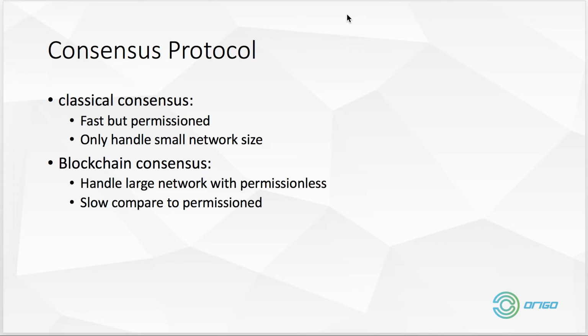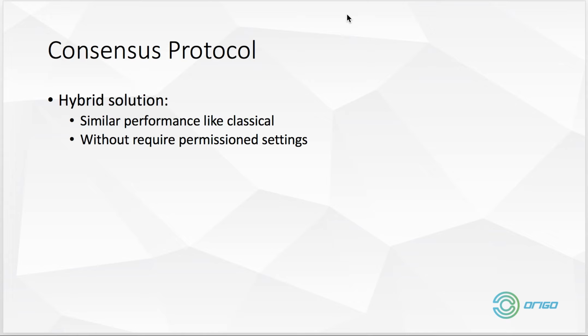And blockchain consensus handles a really large network and is permissionless. Everybody can join, even as a bad node. And it's slower compared to permissioned. You can think of permissioned as fast nodes, right? So could there be a better way to match these together and build something that works and is faster?